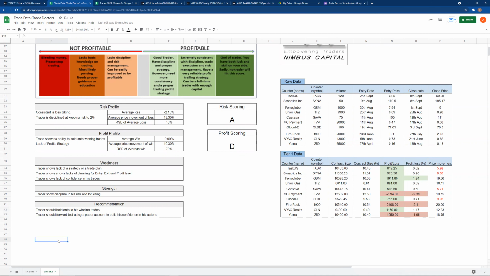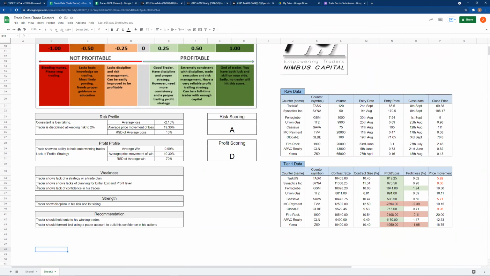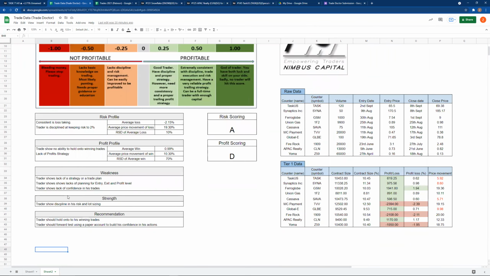This trader should do some forward testing with a paper account, meaning you open a paper account with exactly 100K or so. After you open this, you do some paper trades, and instead of running like you always do, just hold on to those trades. Don't touch them. Don't look at the market.